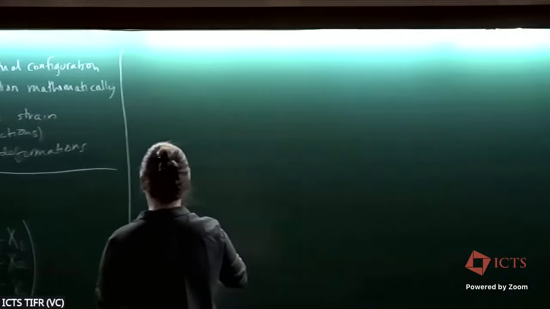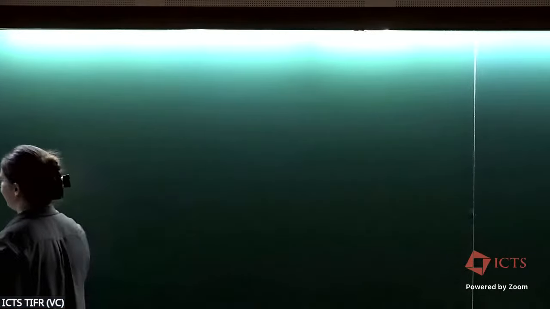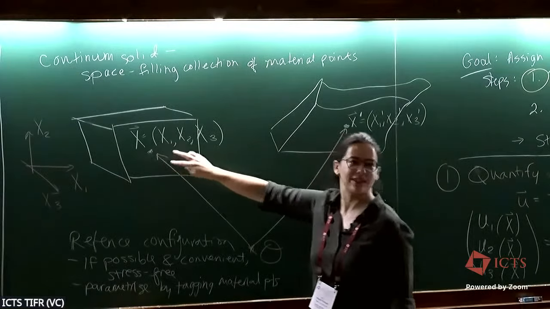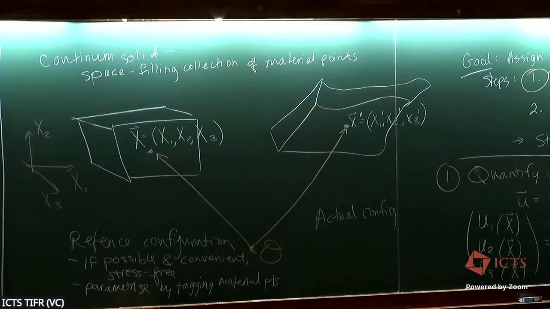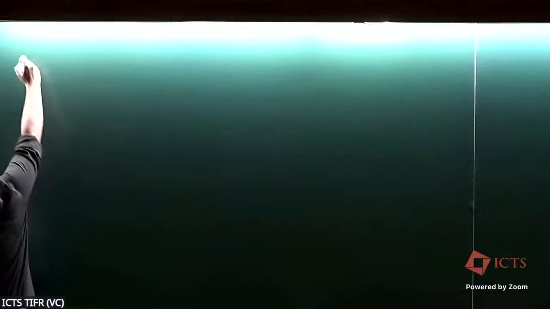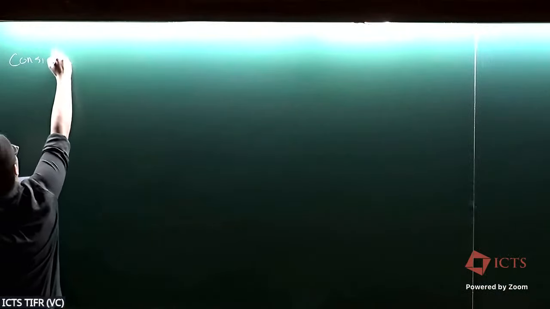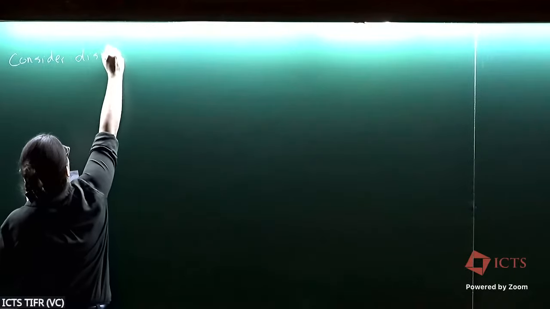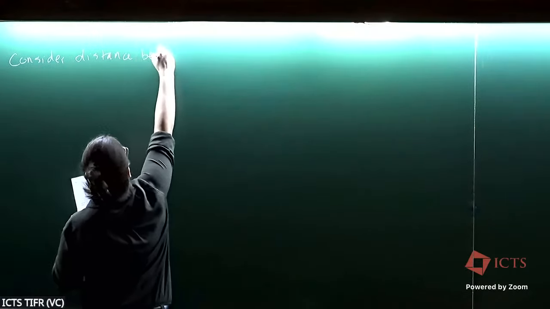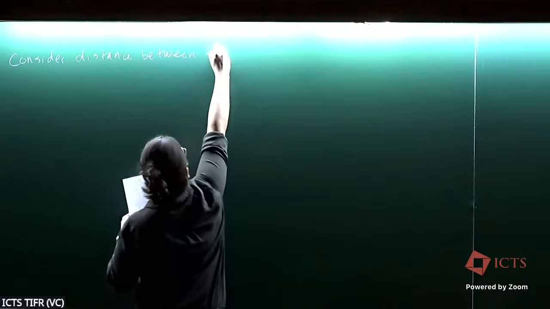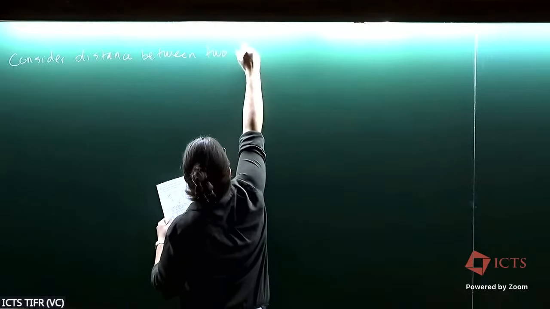So we're going to consider the distance between two initially close points in the reference configuration, and we're going to see how that distance changes as we move to the actual configuration. So consider the distance between two initially close points.